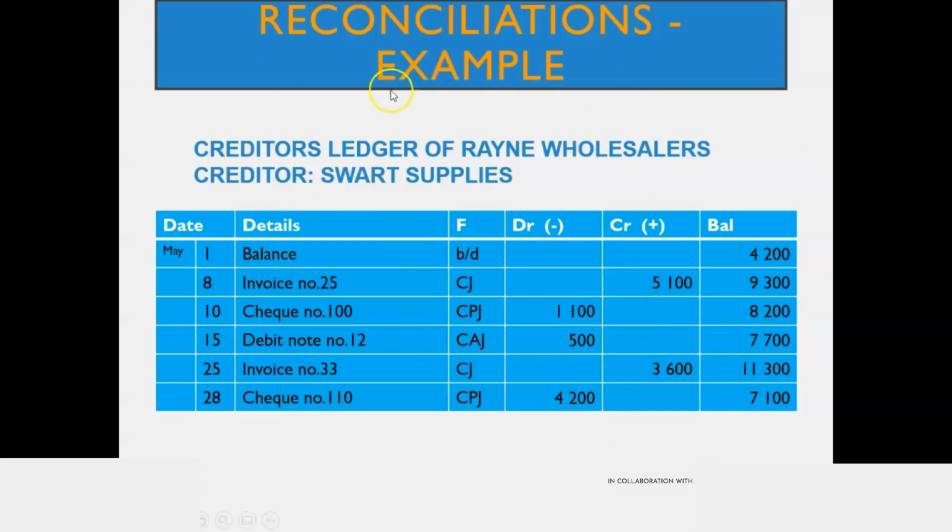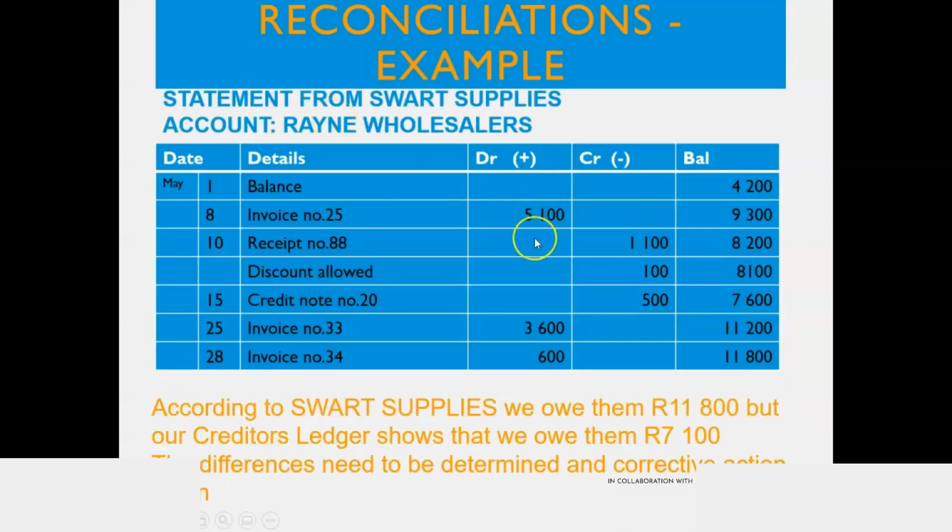The creditor's ledger is what you prepare yourself in your business. The statement is what your creditors, the people you owe, prepare themselves.